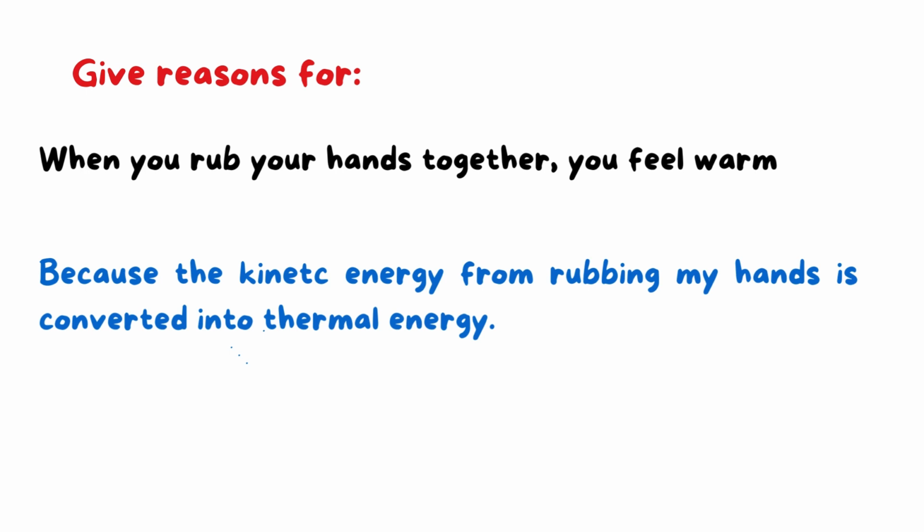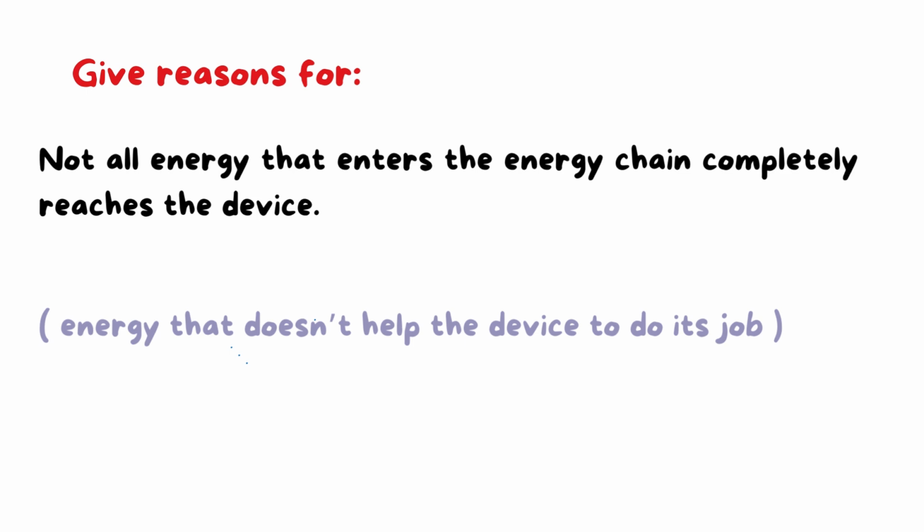Okay, here we have give reasons for not all energy that enters the energy chain completely reaches the device. That means that not all the energy that comes in, the input energy for the device, is used or helps the device to do its function, as there is some energy that doesn't help the device to do its function.